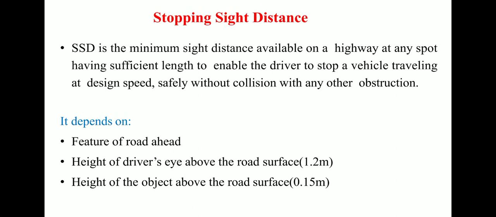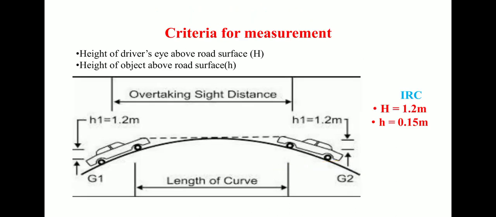Roadway design criteria employ a horizontal and vertical alignment and a cross section that provides at least the minimum stopping sight distance through the entire facility. For the purpose of measuring the stopping sight distance or visibility ahead, the IRC has suggested some values.